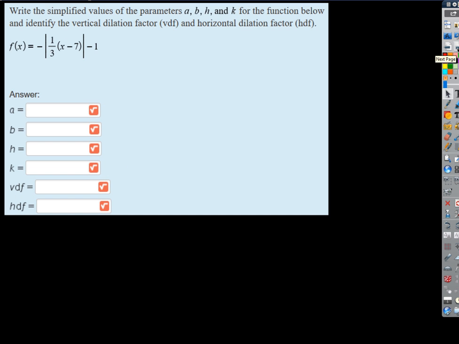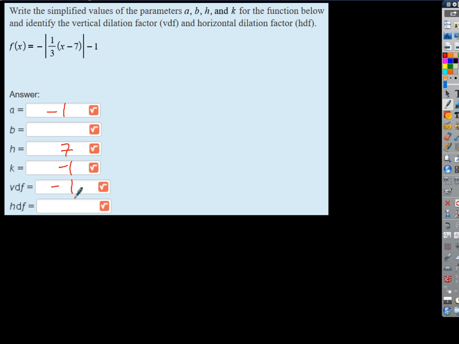Last one of those, this is kind of a little bit of a tricky one. What are h and k? 7 and negative 1. What's a? Negative 1. Which means the vertical dilation factor is negative 1. So what's that doing? Makes everything negative, flipping everything over vertically. Good.